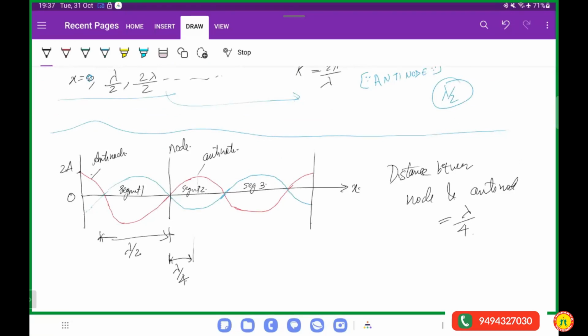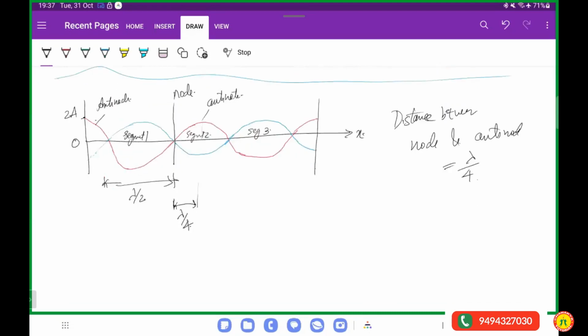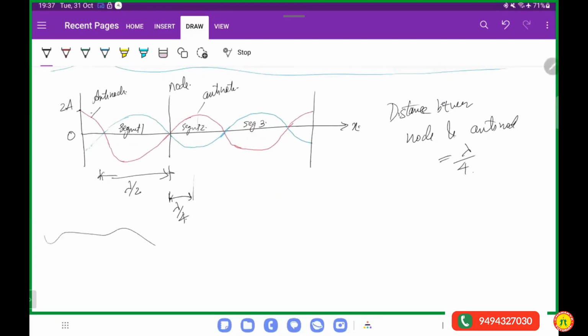Next thing we will see here is how it works in a string. A string is also a wave, a physical wave.